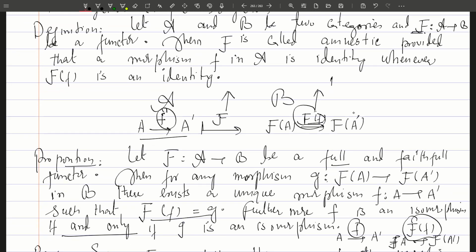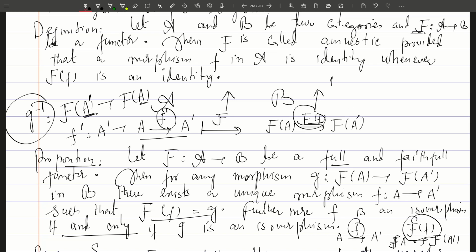If we look at G inverse, that is a morphism from F of A prime to F of A. So by the fullness of the functor F, for this morphism G inverse, we have a morphism, say f prime, from object A prime to A such that F of f prime is G inverse.